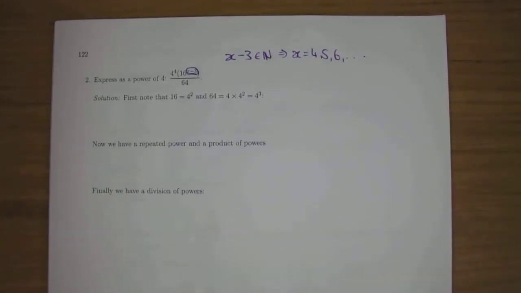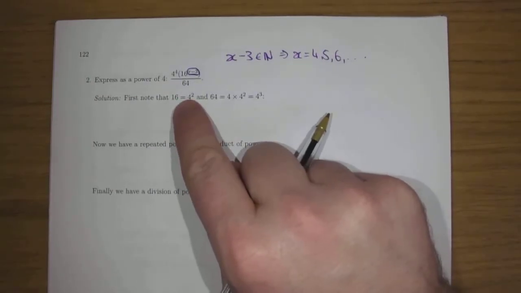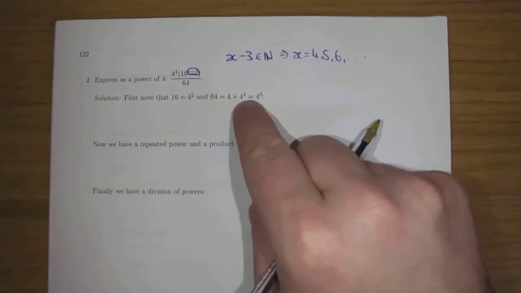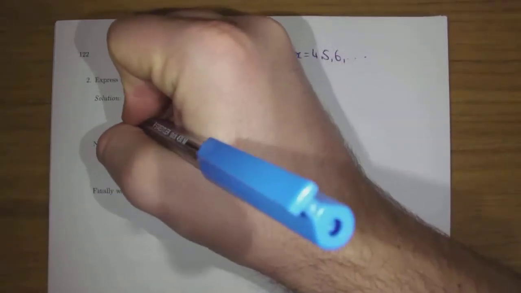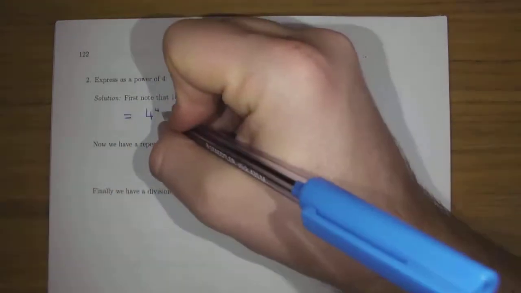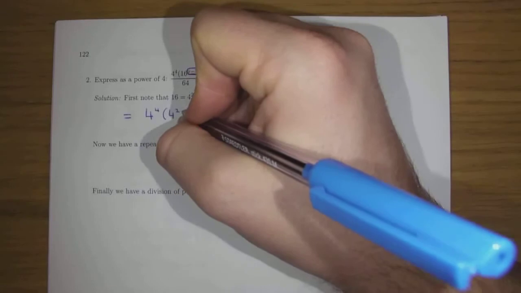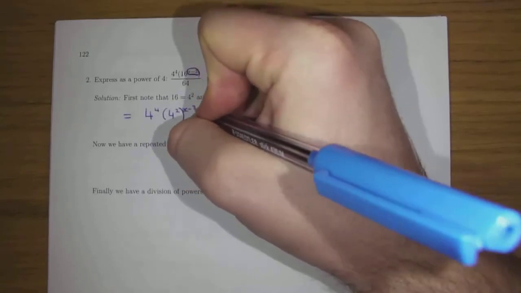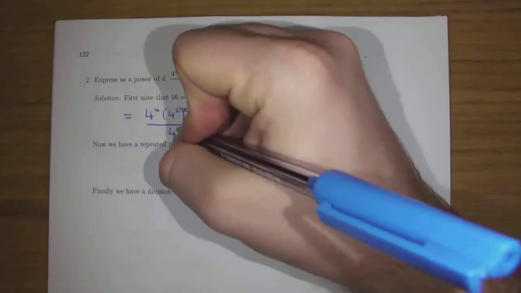That's doing algebra essentially. Okay, so we note that 16 is 4 multiplied by 4, and 64 is 4 by 16, so it's 4 by 4 by 4, 4 cubed. So we'll write this thing out again. So you get 4 to the power of 4 there. 16 is 4 squared, and that's all to the power of x minus 3, divided by 64, which is 4 cubed.